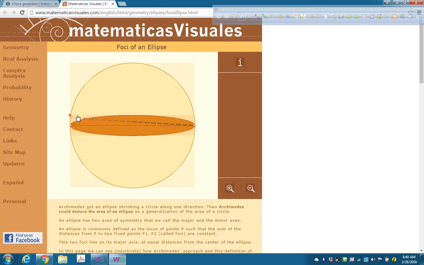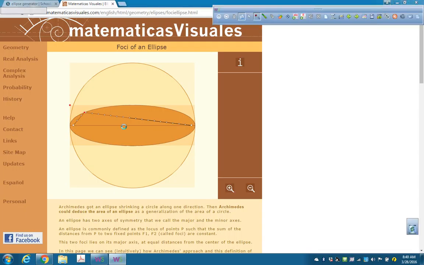This is kind of cool because you can see that the further the foci are from the center of the ellipse, the more stretched out the ellipse becomes. That's called the eccentricity, okay?